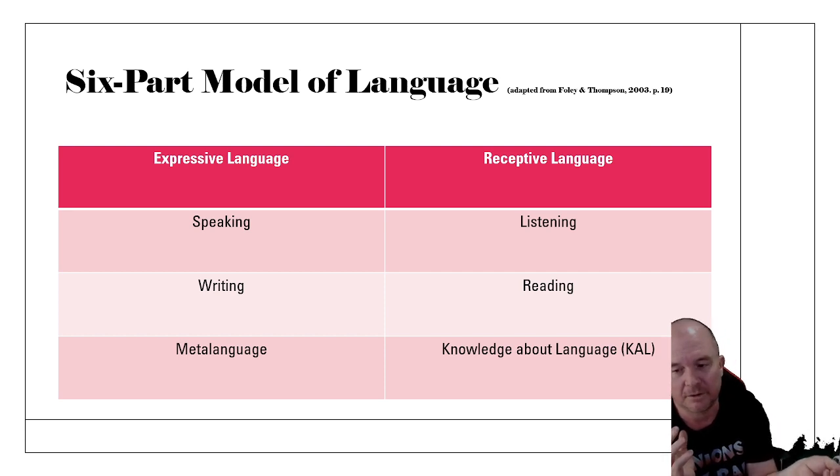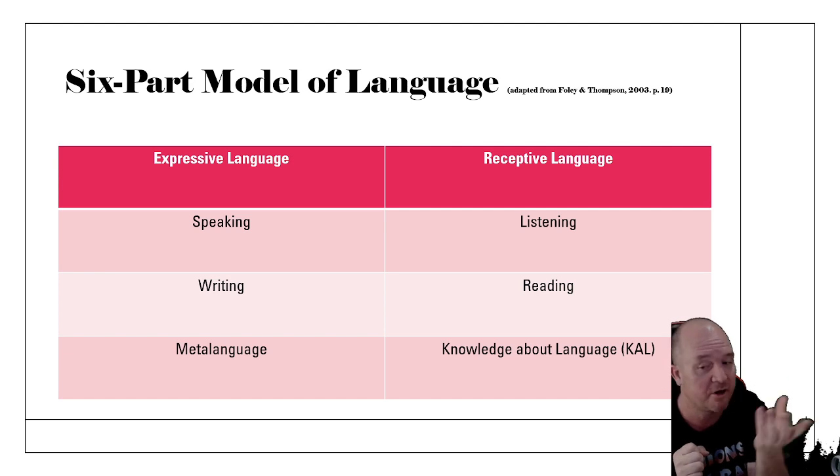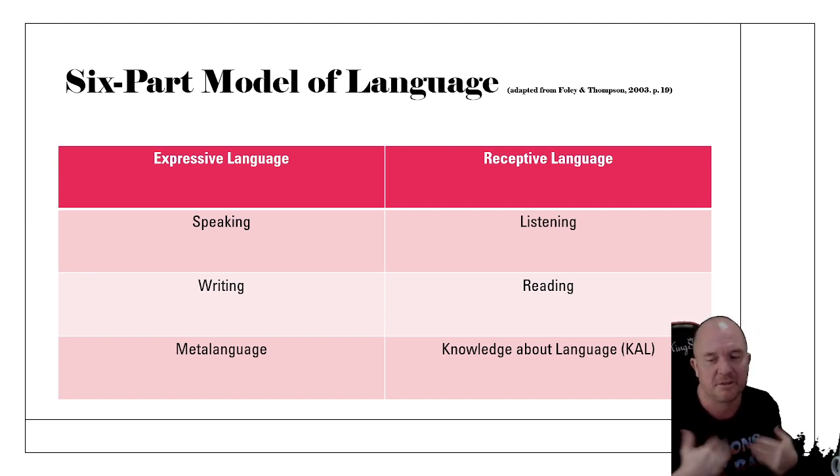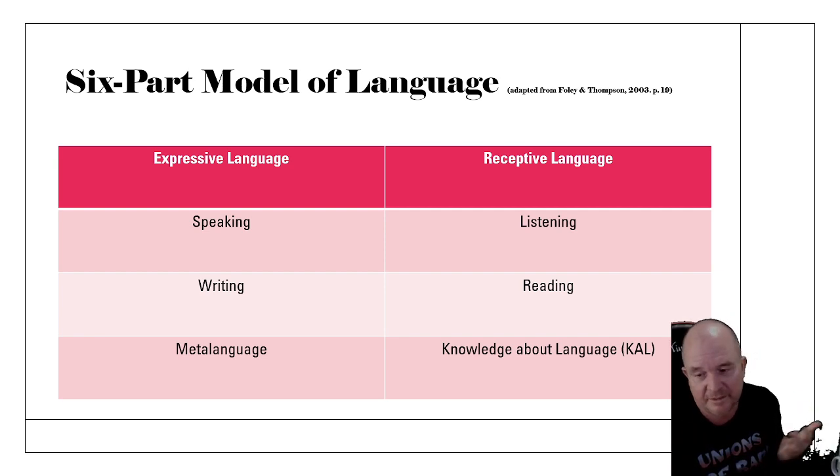So even at 10 months old, young infants are already starting to mimic or mirror the phonemes that they're hearing, and they're trying to create those same sounds. So even at a young age, language learning starts almost at birth, or if not, right before birth.